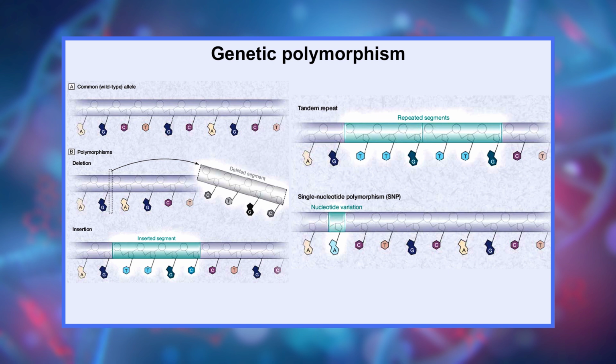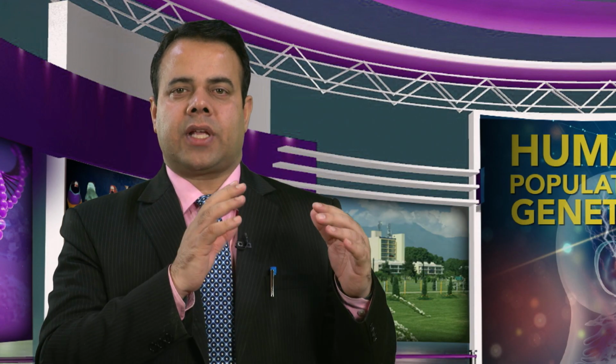This rate is too slow to account for most of the polymorphisms seen in natural populations.